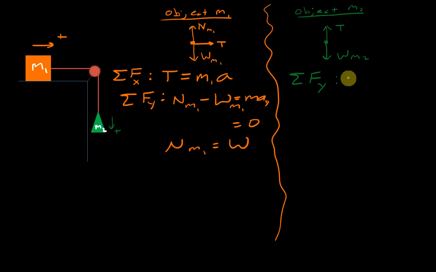Well, I know there's tension. And let's see. I said downward was positive. So this tension should actually be a negative value. Now I'm going to add the weight of M2, and that equals M2 A. Remember, they have the same acceleration.